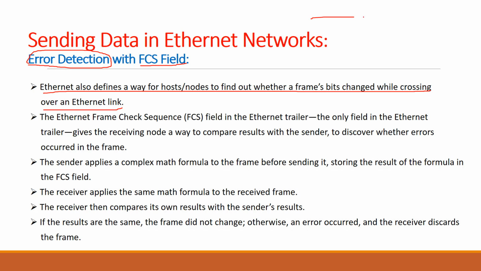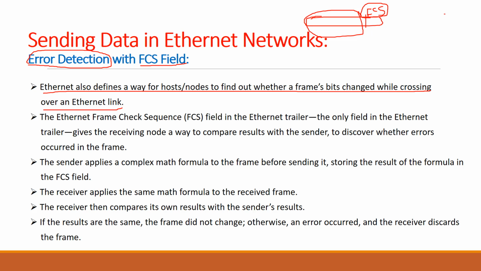When you send a stream of bits, the FCS comes from a mathematical operation on the stream of bits. You apply a specific mathematical formula, get the FCS, and attach it to the frame in the Ethernet trailer.